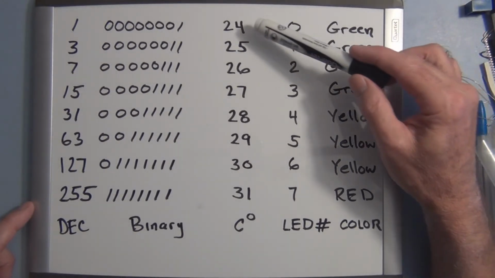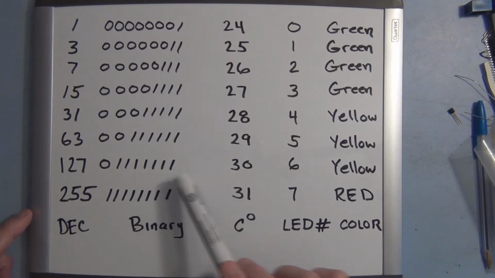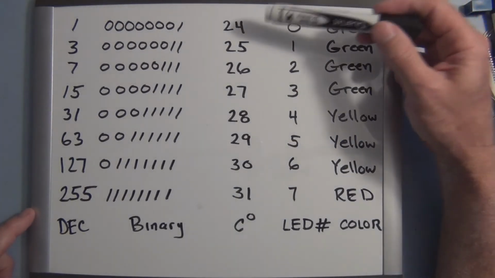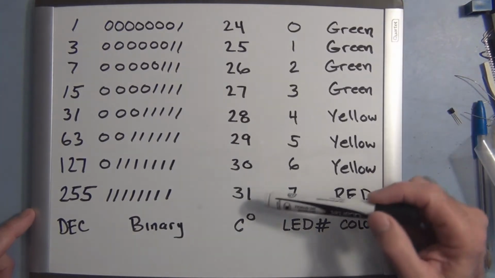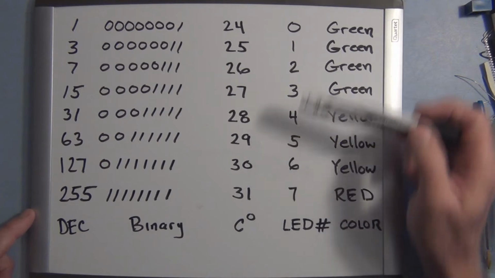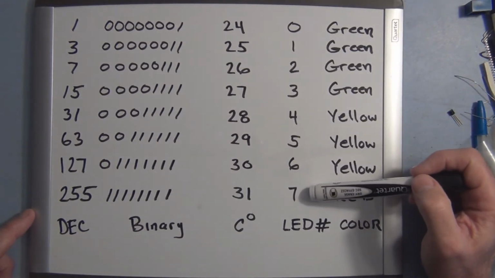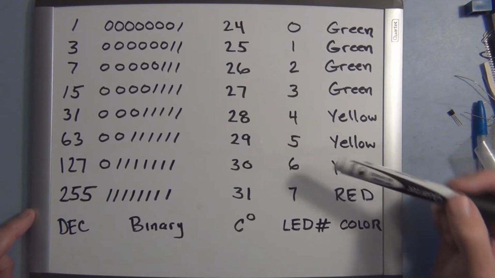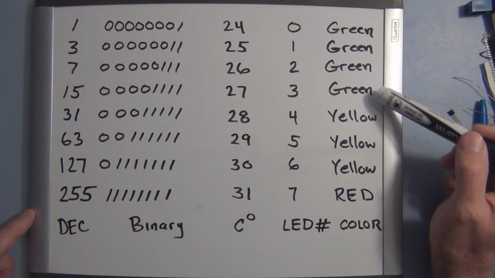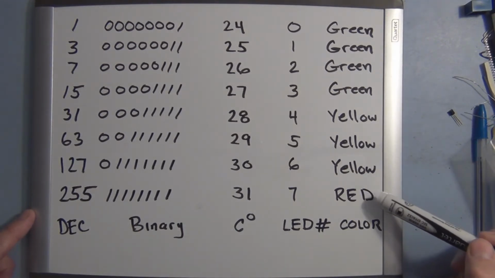And so we then have to take all these numbers and associate them with each other in the program. The 24 to 31 degree temperature range, which we're going to measure, is associated with 0 to 7 LEDs, or 8 LEDs. So we've got 4 green, we've got 3 yellow, and the highest temperature is going to be red.